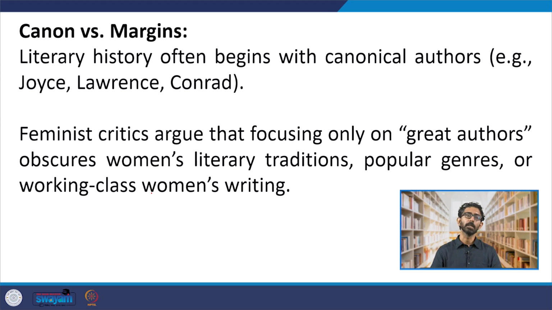In literary history, there is often a very clearly defined idea of a literary canon. A literary canon, as all of you know, I'm sure, is a set of writers and works which are considered to be exemplary or definitive of English literature. For instance, there are many courses on English literature that make it mandatory for students to study plays by William Shakespeare, for instance, or novels by Jane Austen.